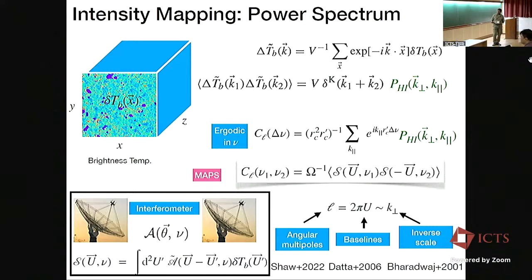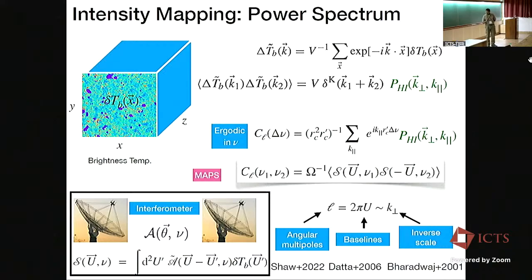If you correlate the sky at different frequencies, what you get is something called the multi-frequency angular power spectrum, which you have also heard of from Samir and Asif. And it turns out that if I assume the signal to be ergodic, which is that it doesn't have a strong frequency dependence, then it only depends on the separation between these 2 frequencies, and that is directly related to this HI power spectrum. Now, one can either measure this directly, or you can get to it from measuring this.